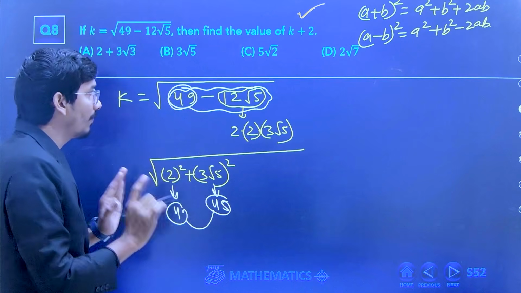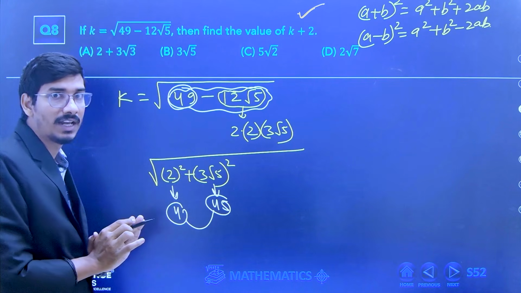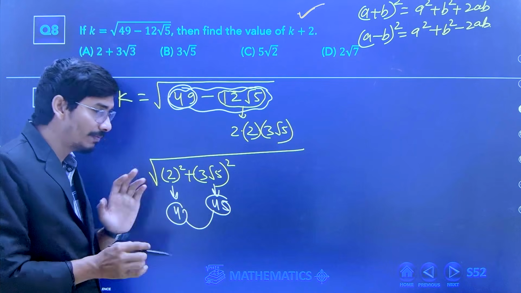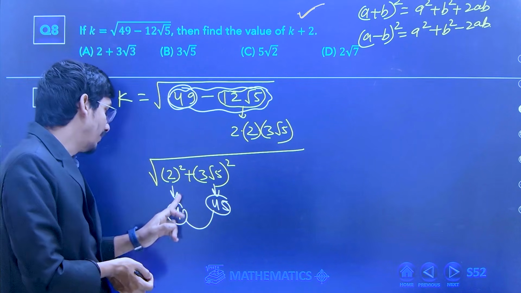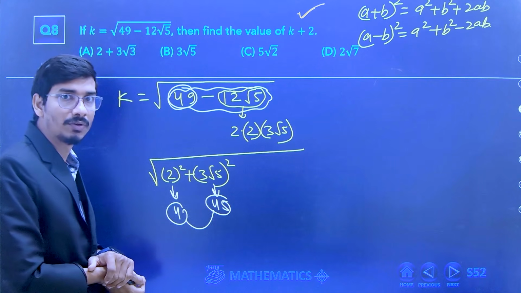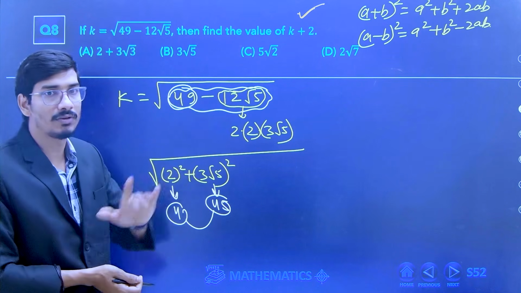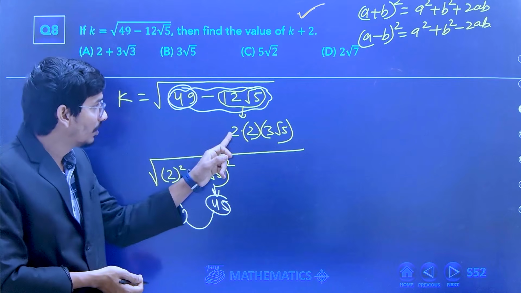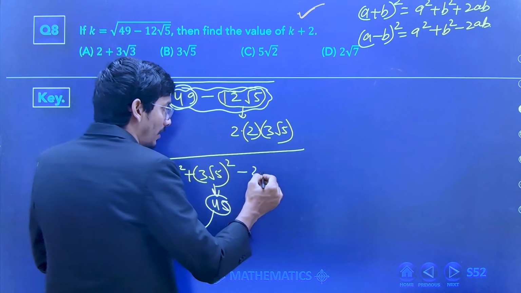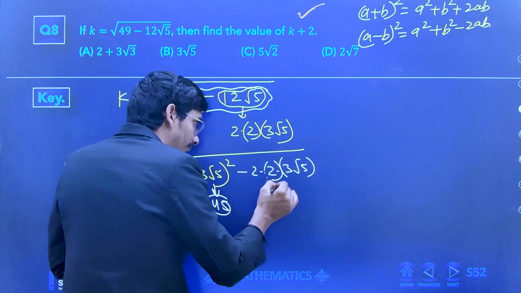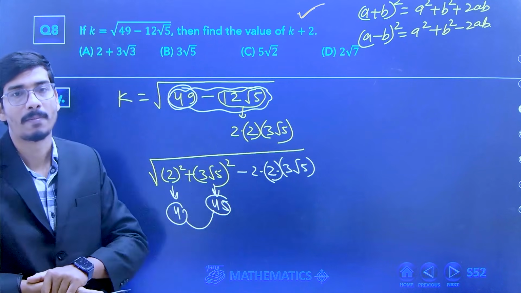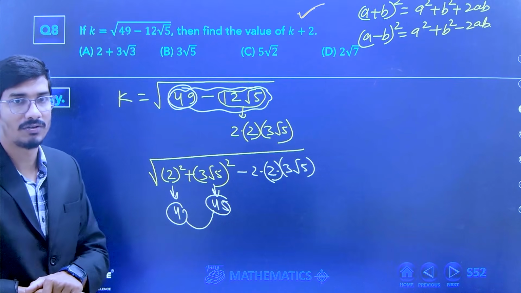So in place of 49, I am writing 4 plus 45. And in place of 12 root 5, I am writing 2 into 2 into 3 root 5. Is this step clear or not clear?